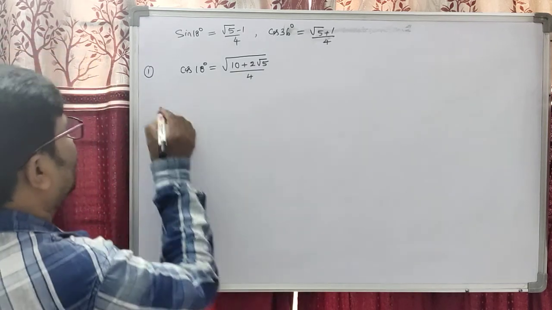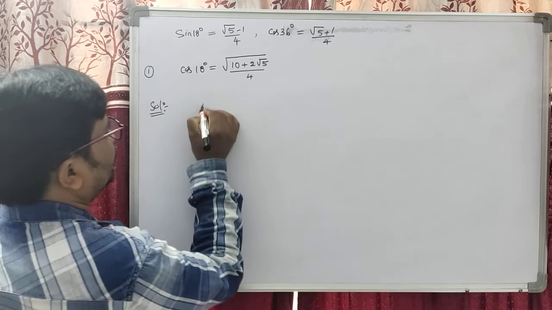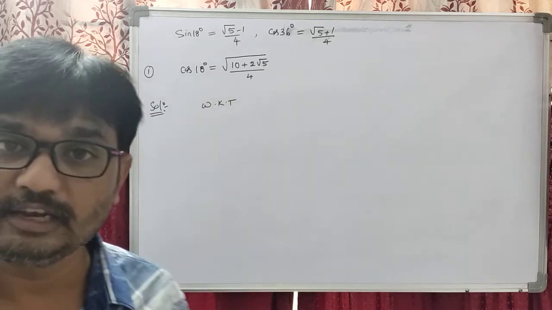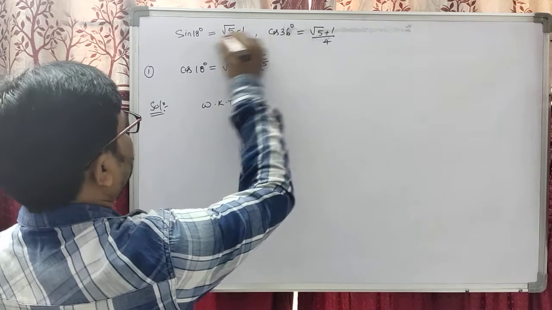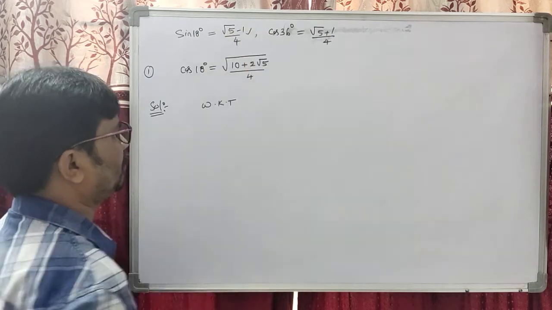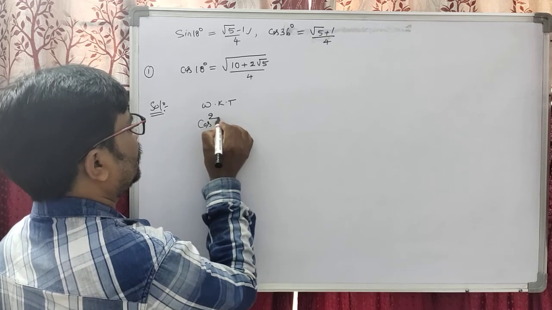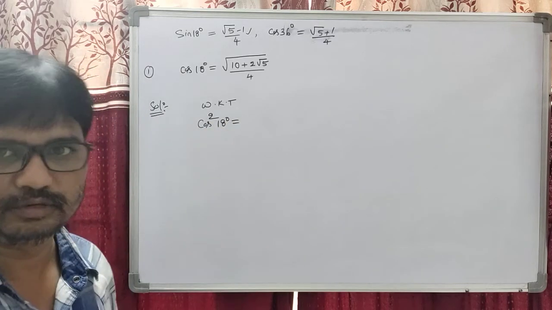Okay, students? Now, my dear students, we have to know that the value of sin 18 degrees is (root 5 minus 1) by 4. Therefore, we know that cos square 18 degrees. What is the formula, students?